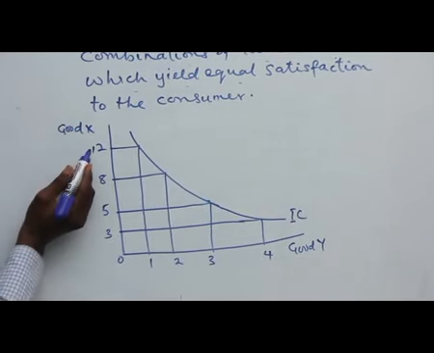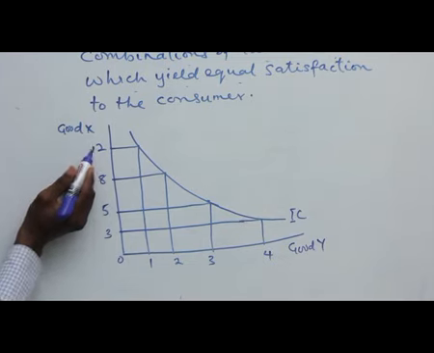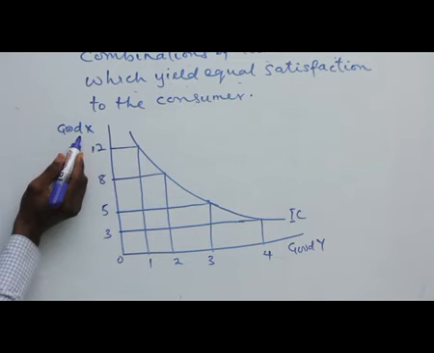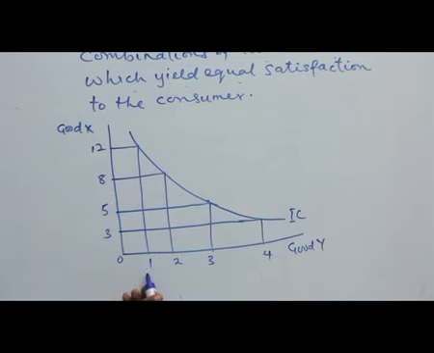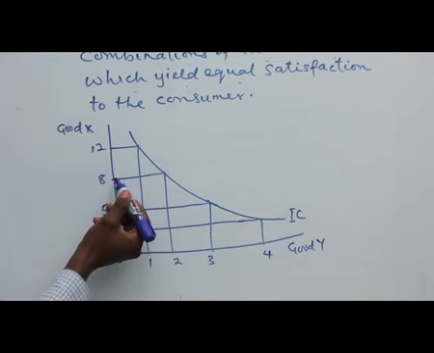Now, if the consumer decides to go for 12 units of commodity X, it implies a desire to have 1 unit of commodity Y. Let us assume again that the consumer wants to increase the consumption of good Y to 2. It implies that he has to decrease the quantity of good X to 8.